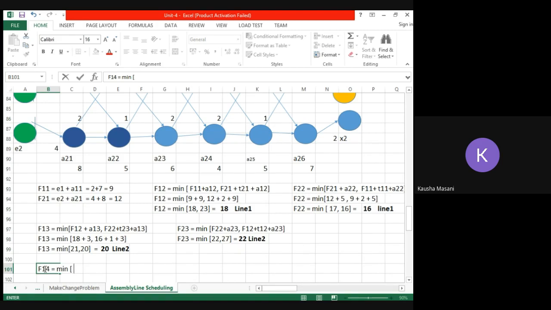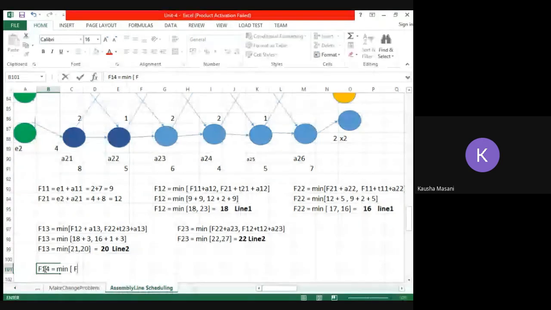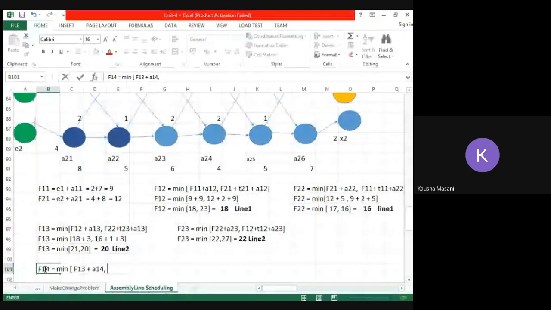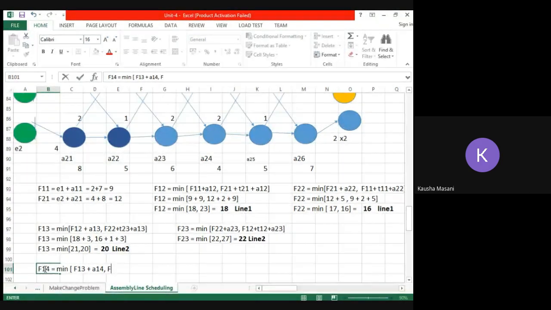It will be the minimum of F13 plus A14, comma, F23 plus T23 plus A14.